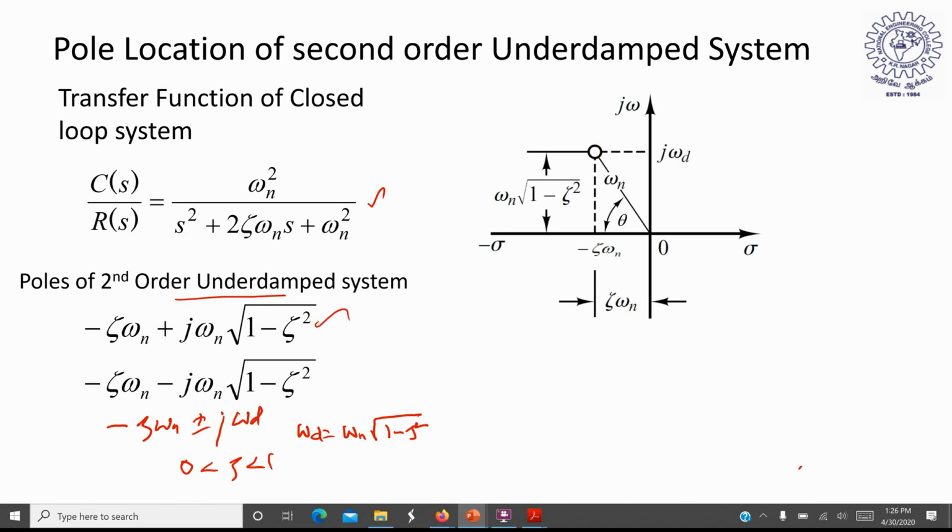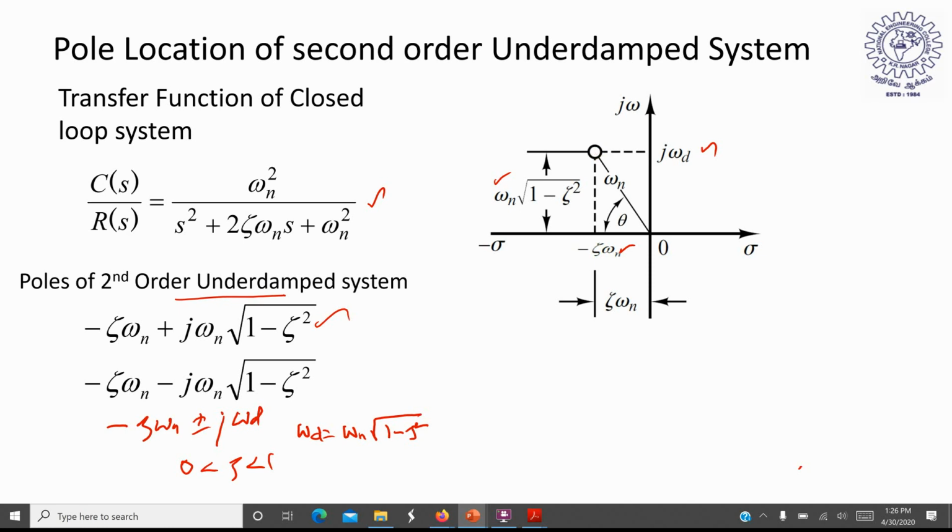A complex conjugate pair is available, with real part minus zeta omega n and imaginary part omega d, or omega n root of 1 minus zeta square. This length represents zeta omega n, this imaginary part represents omega n root of 1 minus zeta square. So this is the location of any pole.